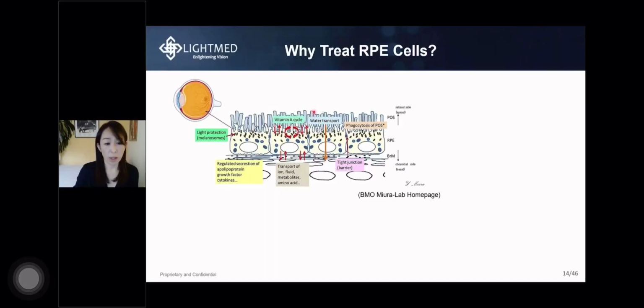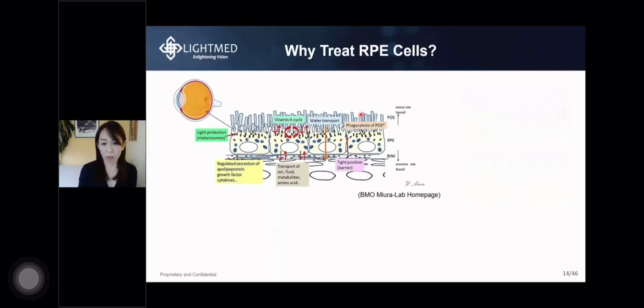It means if water is accumulated here, it is pumped out from here to here. Tight junctions are also very important to prohibit some substances from going from here to here. And most importantly, phagocytosis of the photoreceptor outer segments is very important to renew the photoreceptors. So all of these functions are essential for the whole retinal function.